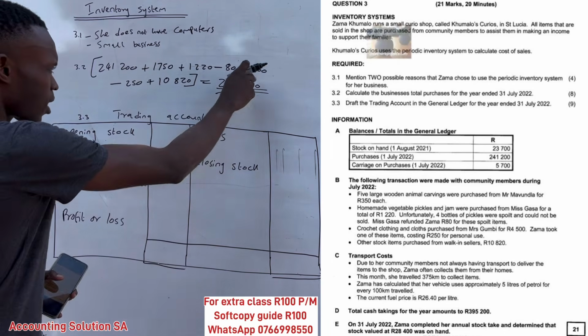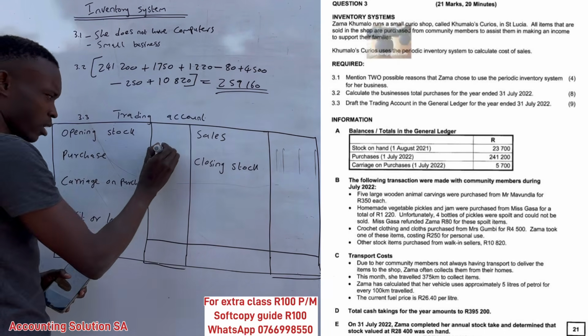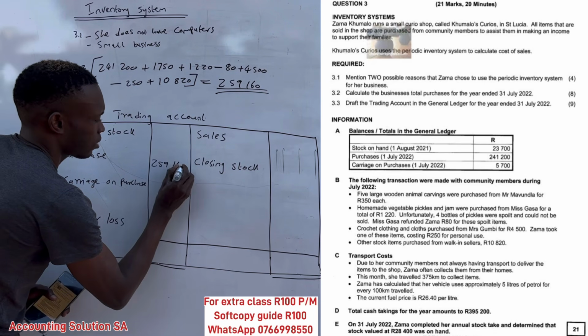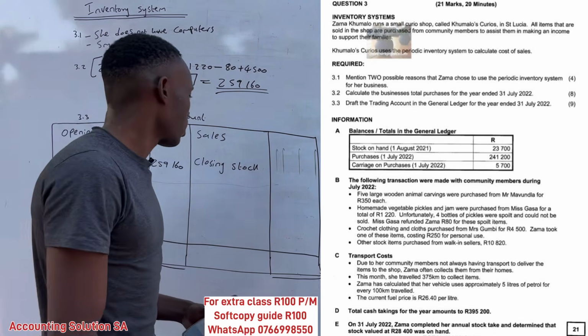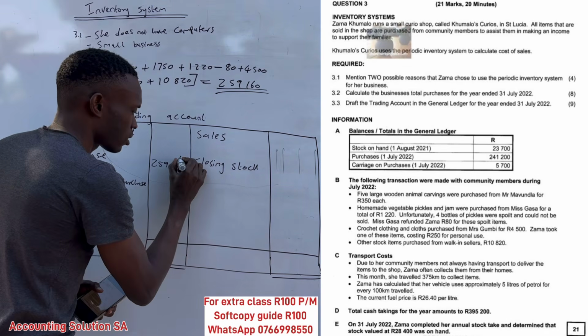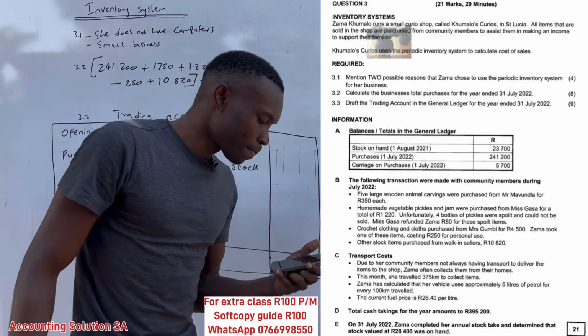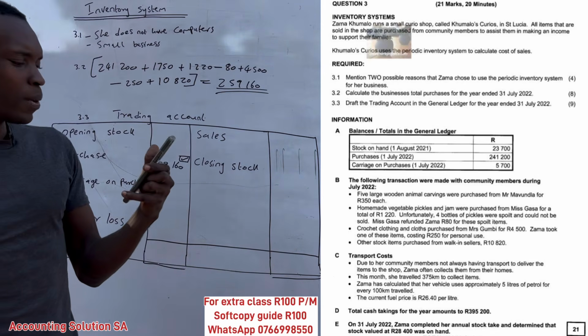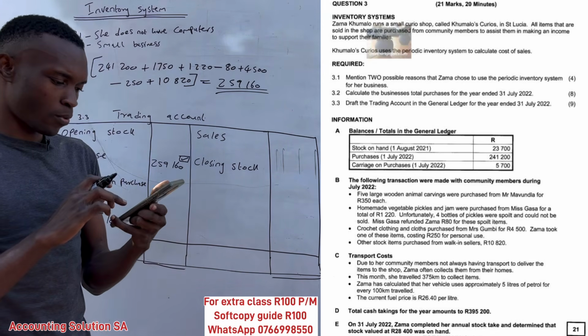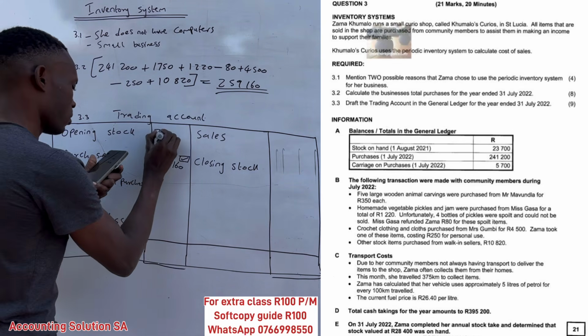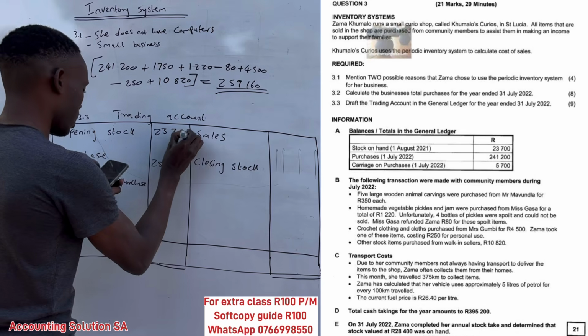Okay, this amount, we're just going to transfer it here, which is 259,160, just like that. And there is a chocolate mark here, obviously. Whether it's correct or not, they're going to give you a mark. Okay, now the next one is opening. The opening balance, guys, was given on top. They give us opening stock, which is 23,700.